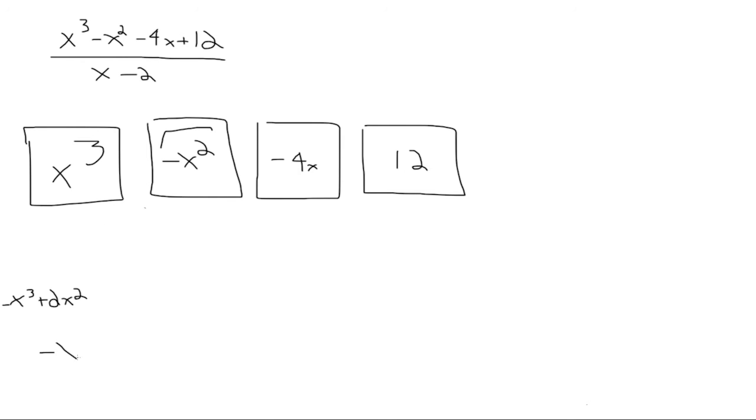We're going to get minus x squared plus 2x squared minus 4x plus 12. Okay, and that's the same thing. That's equal to just x squared, because these combine to form just x squared minus 4x plus 12. Okay.